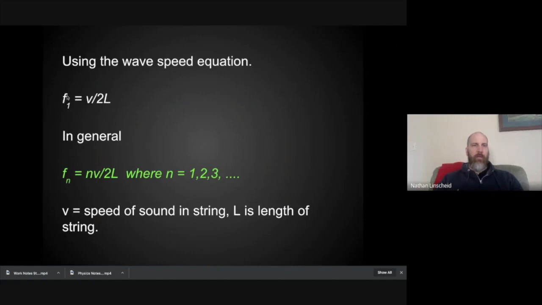If we rearrange, we know that the frequency is the velocity divided by 2 times the length for the fundamental frequency. Now, in general, for any frequency, if I want the 2nd frequency, I'm going to put a 2 in front of this. And you can have any integer you want for a string.